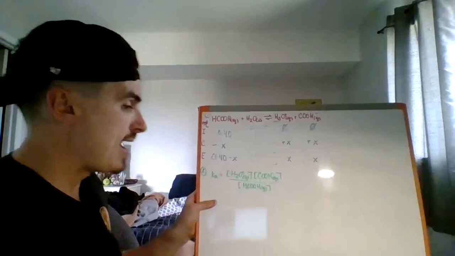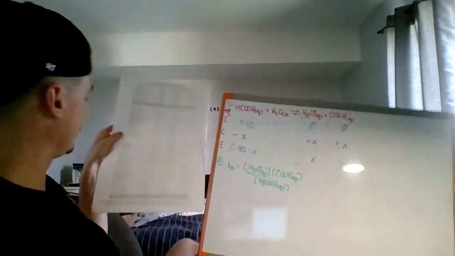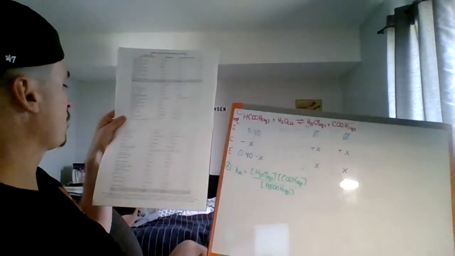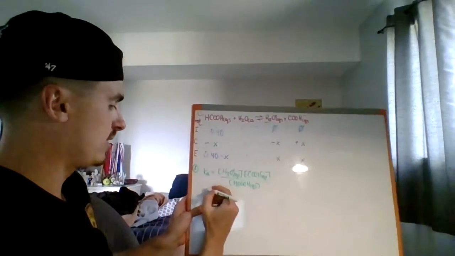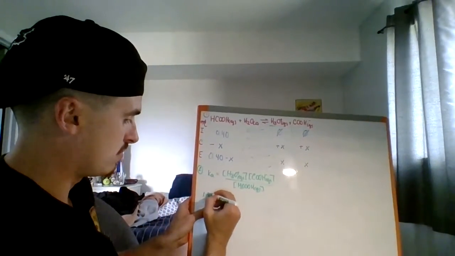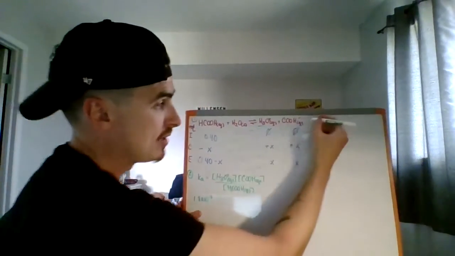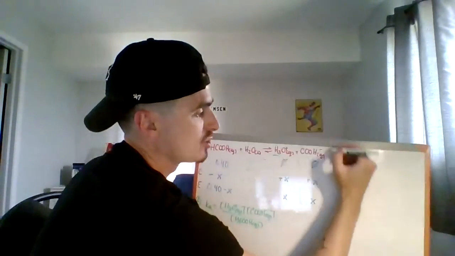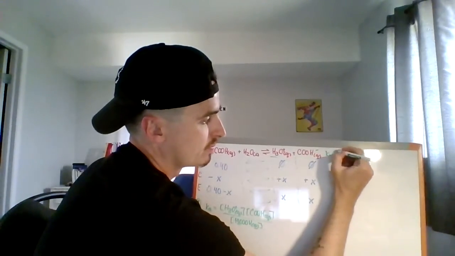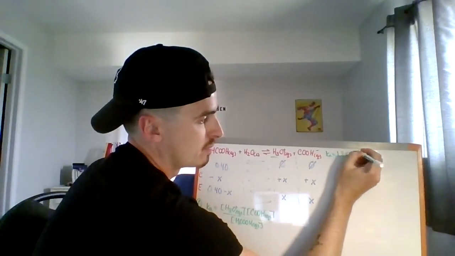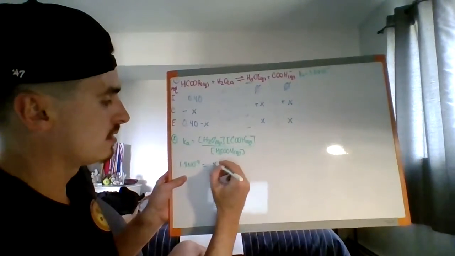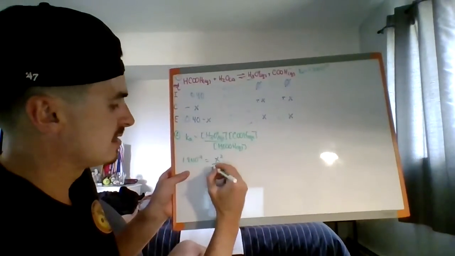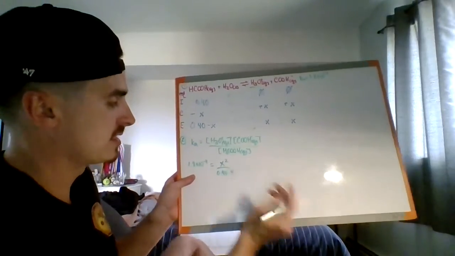Ka, find it in the data booklet. I get 1.8 times 10 to the negative 4. I can write that up here as well, just so I can keep track of it. That's equal to X times X, which is X squared, divided by 0.40 minus X.